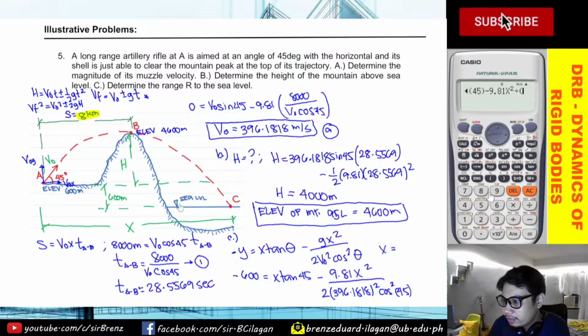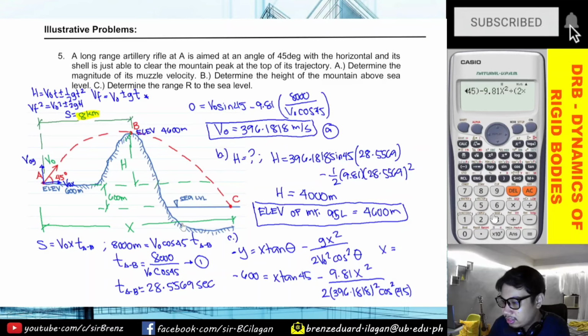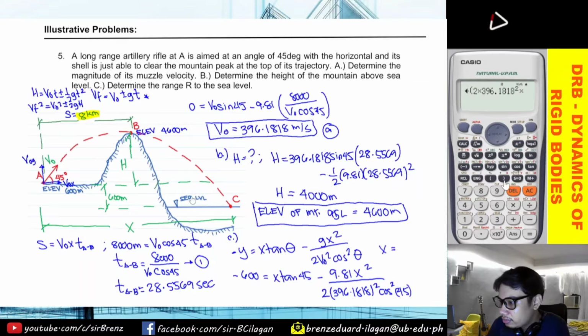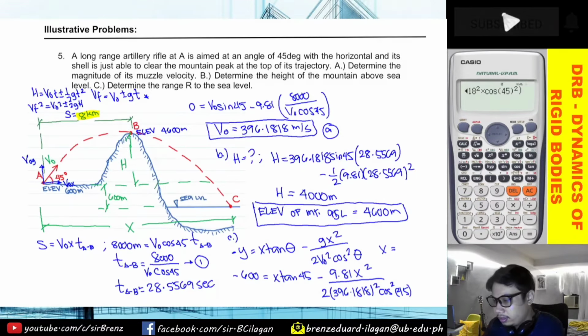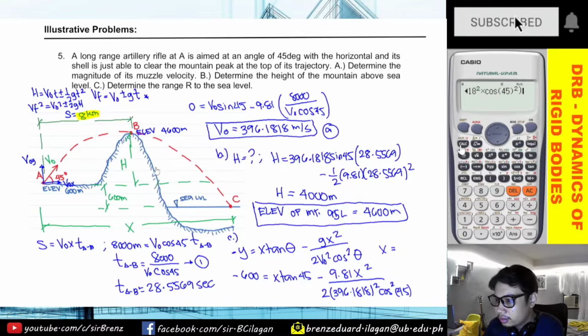So ano na natin sa parentheses, divided by 2 times 396.1818 squared times cosine 45 squared. Okay guys, so mag-shift solve tayo. So maglagay ka ng any positive value. So let's just say na 500.